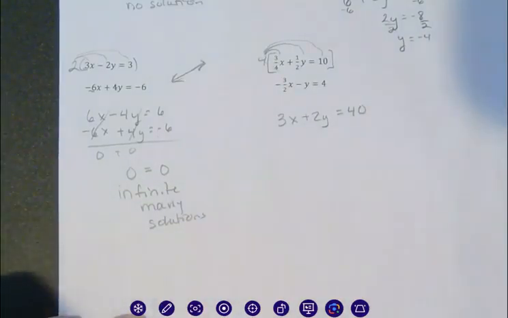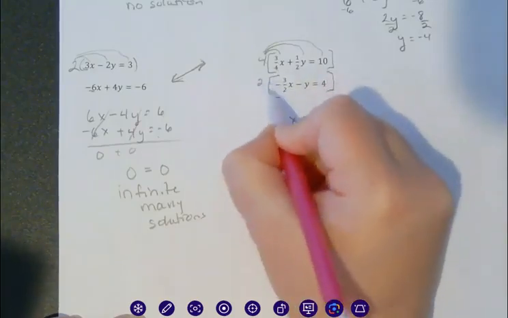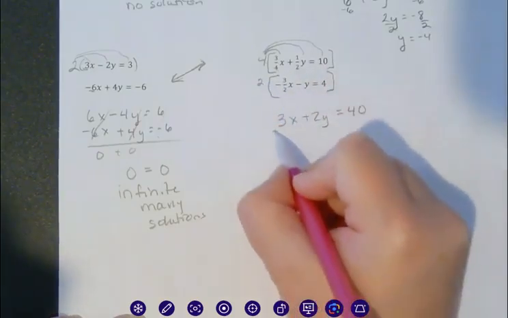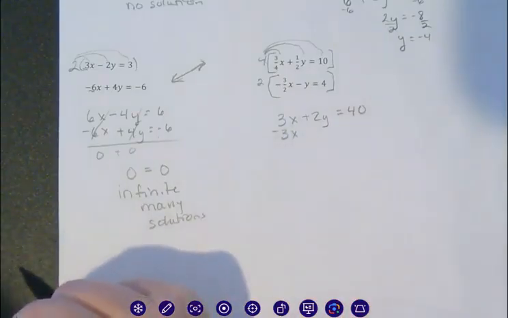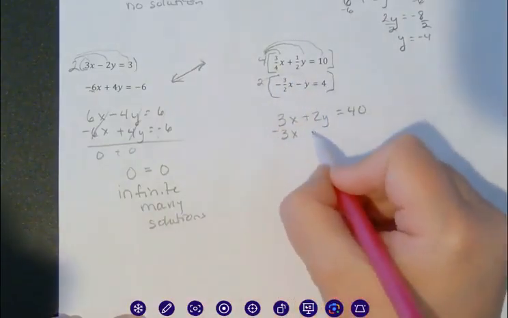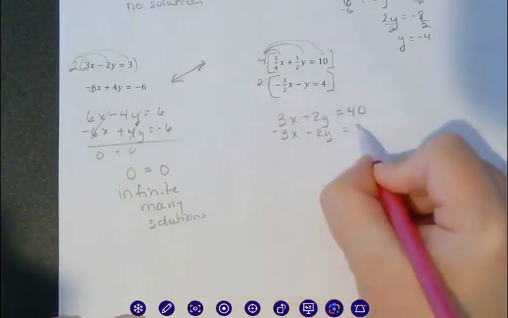To get rid of the denominator on the bottom equation, I'm going to multiply everything times 2. So 2 times negative 3 halves is negative 3x. Hey, I like that. When I multiply 2 times this, I get minus 2y. And 2 times 4 is 8.